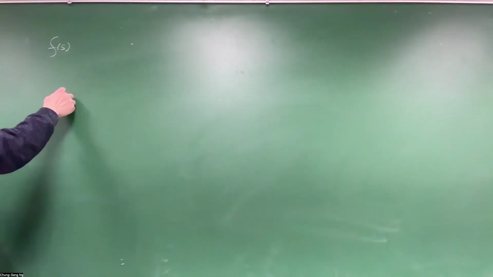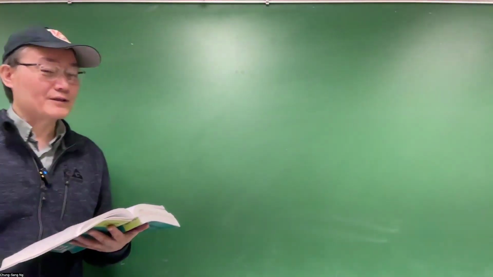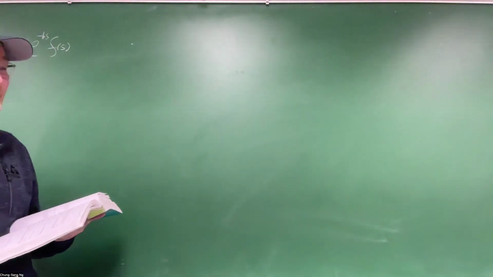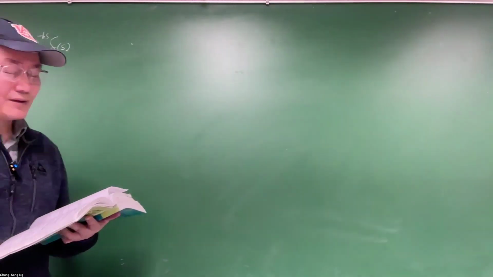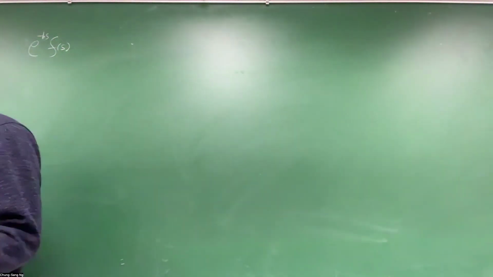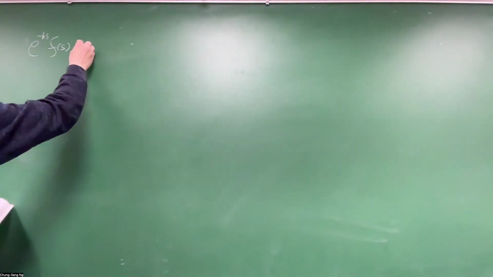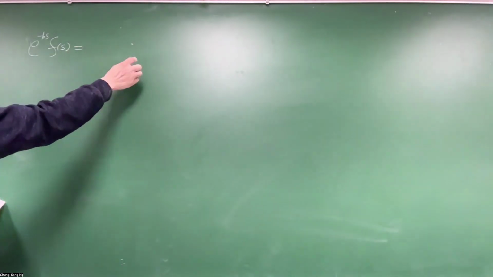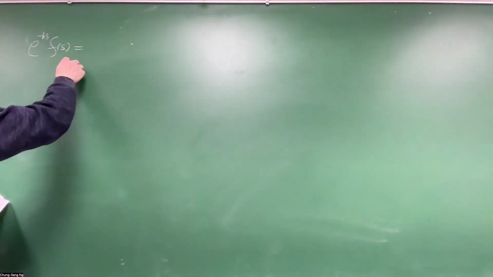Now you know that if you multiply by an exponential function, that will probably get you the translation in the original variable, because the inverse is also true. You translate the transform variable, then you get the exponential function multiplied by the original function. So you can guess that and work it out to see if that's the case.